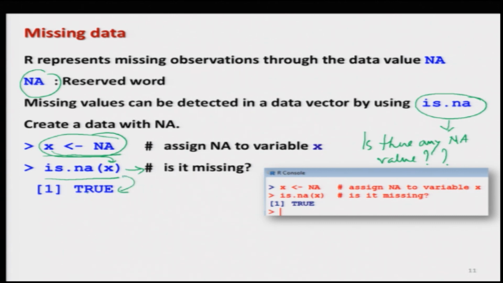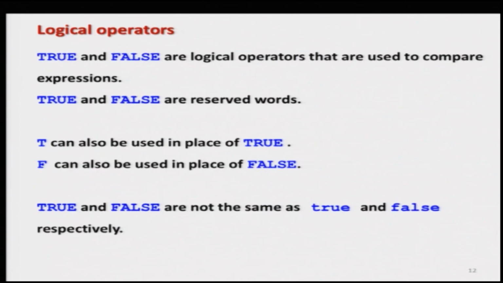This is capital TRUE. There are two words, TRUE and FALSE, which are reserved words, which I will try to explain. TRUE means yes, there is a missing value, and if there is no missing value, it will tell you FALSE. So now I have introduced two more operators, TRUE and FALSE.